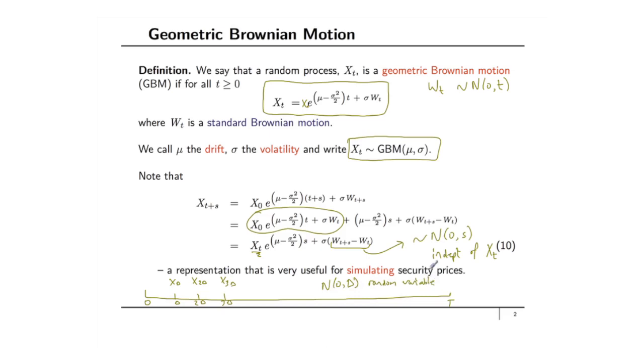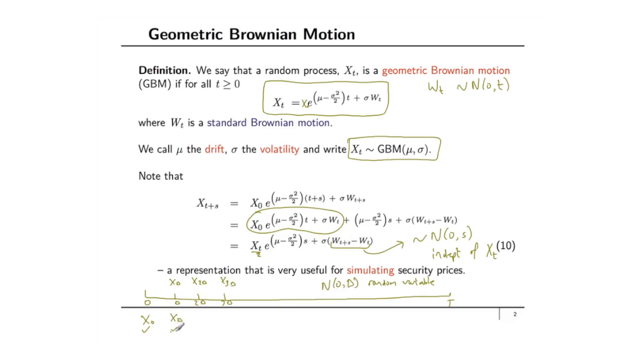So you could generate a sample path of your geometric Brownian motion, or a sample path of your stock. You start at time 0 with X_0, which you know, and then you get X_delta using this formula here with t equal to 0, and W_{t+s} minus W_t is just a normal mean 0, variance delta random variable.